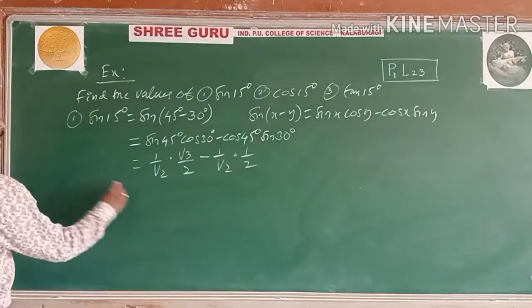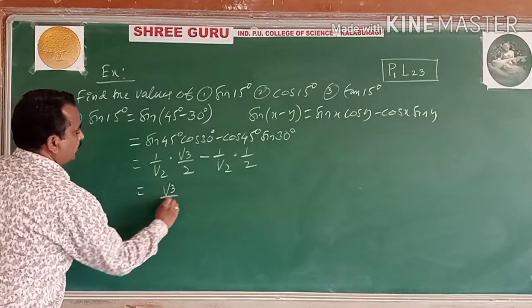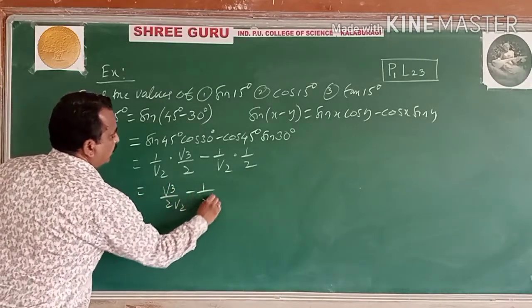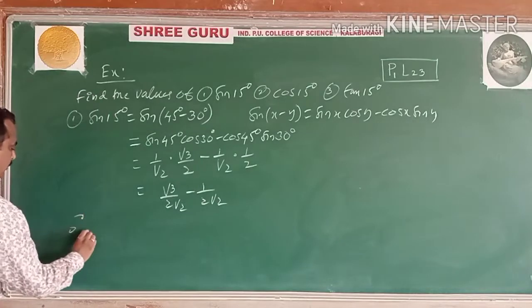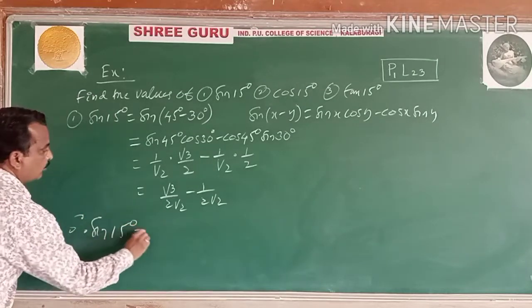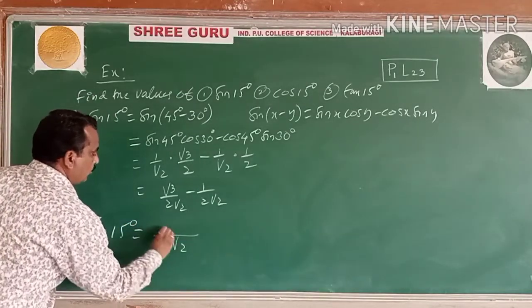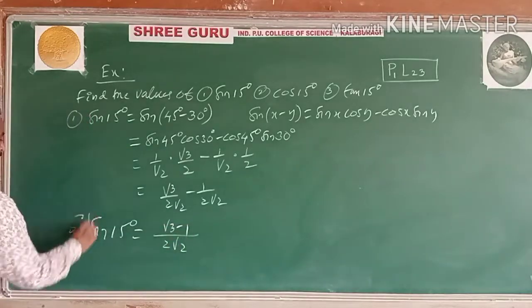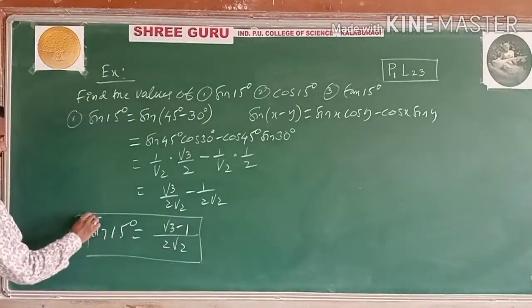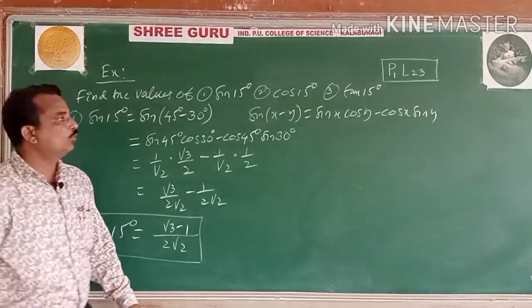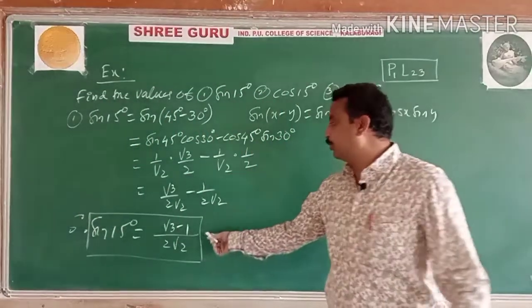Substituting their values and simplifying: root 3 by 2 root 2 minus 1 by 2 root 2. Therefore, sin 15 degree is equal to, taking LCM 2 root 2, root 3 minus 1. Sin 15 degree is equal to root 3 minus 1 divided by 2 root 2.